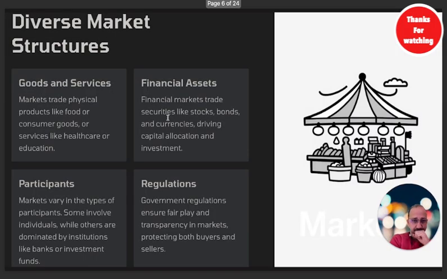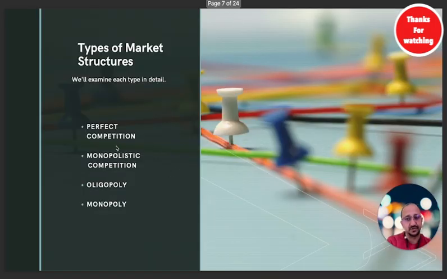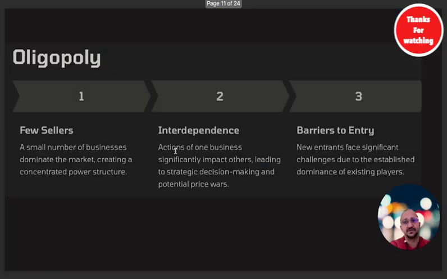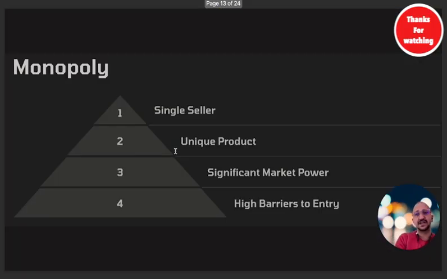Now, we are going to learn this thing. So, types of market structures include perfect competition, monopolistic competition, oligopoly, and monopoly. Now, we'll start from monopoly first because you might have heard the word monopoly multiple times before. So, guys, monopoly means there's only one seller of any single product or any service.